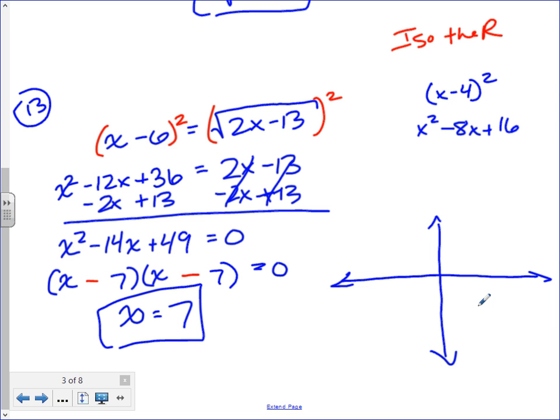What do we call the point of the parabola? The vertex? The vertex is at 7, opens up or down? Oh, so it's positive. If it's positive, it opens up. Good. So use every part of your brain. Don't just calculate, visualize too.